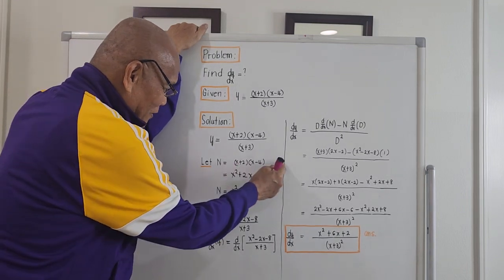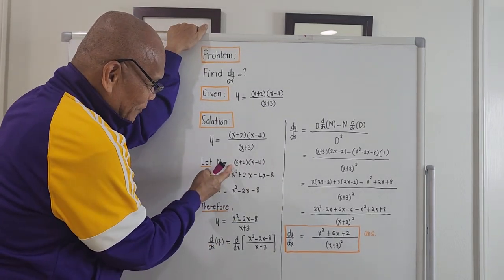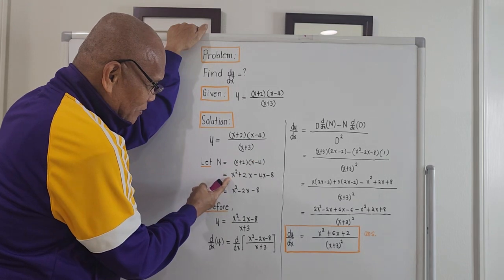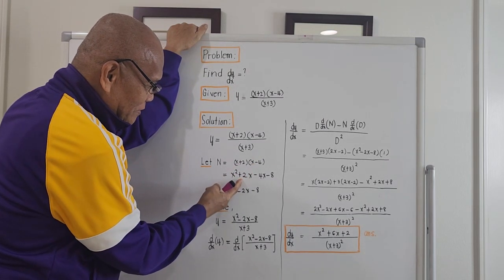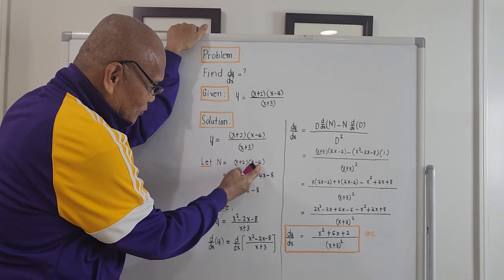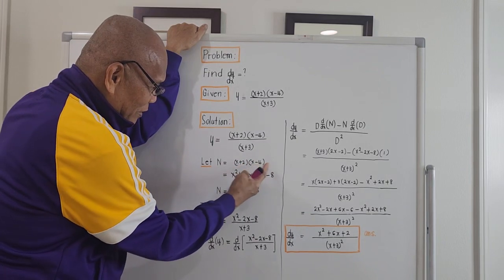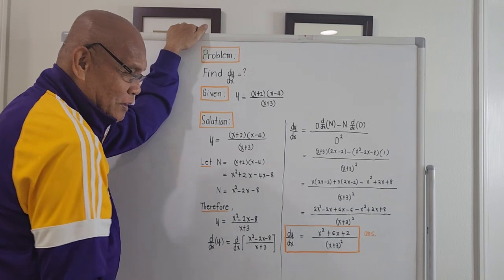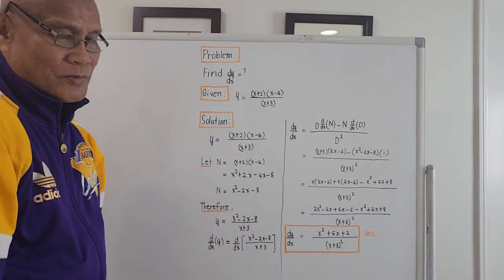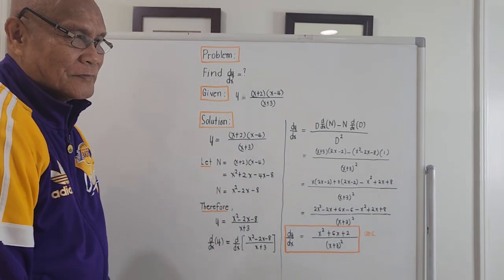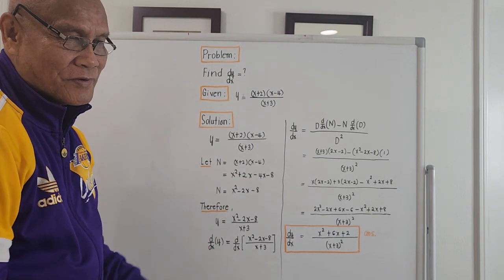So if we expand this one, it will be x times x will be x squared, 2 times x will be 2x, minus 4 times x will be minus 4x, plus 2 times minus 4 will be negative 8. So that involves algebra. Okay, we are not yet differentiating.